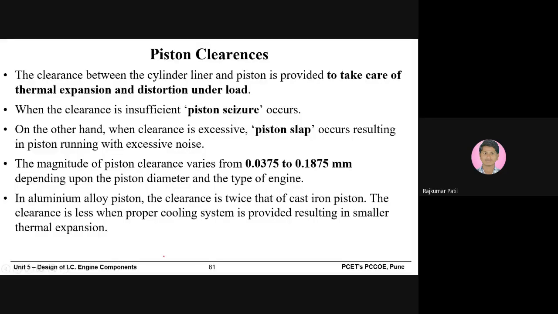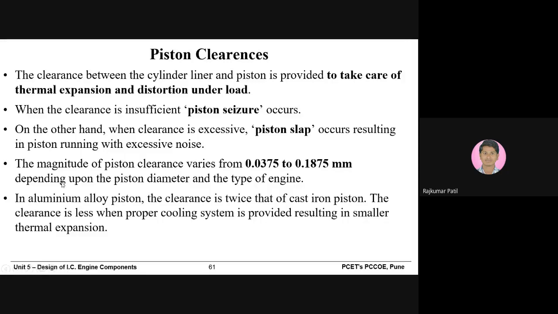We will see that the clearance between the cylinder liner and piston is provided to take care of thermal expansion and distortion under load. That's why the piston clearance is provided. If the clearance is insufficient or very small, piston jamming or seizure occurs. If the clearance is too much, then piston slapping takes place and it creates excessive noise.